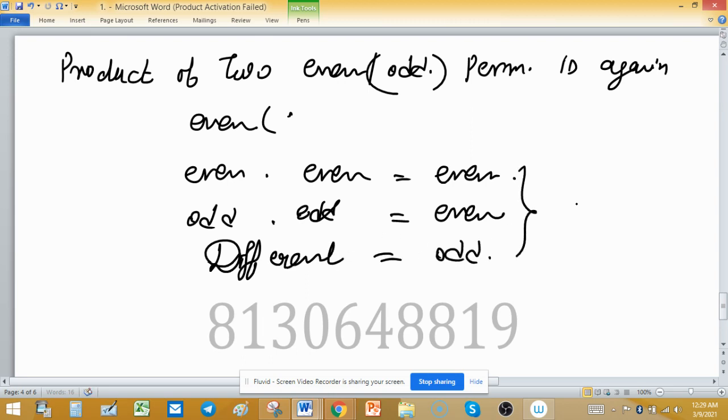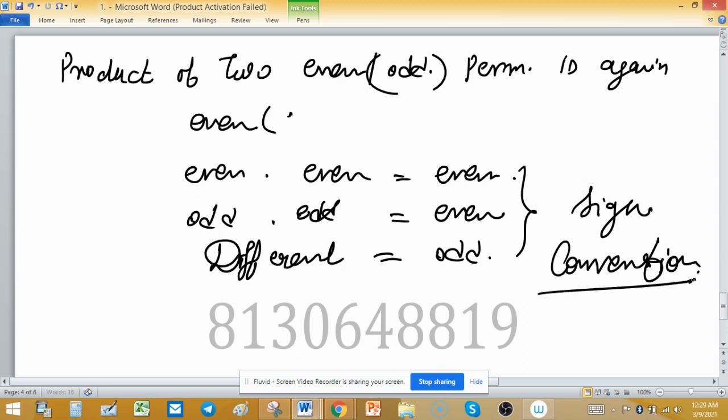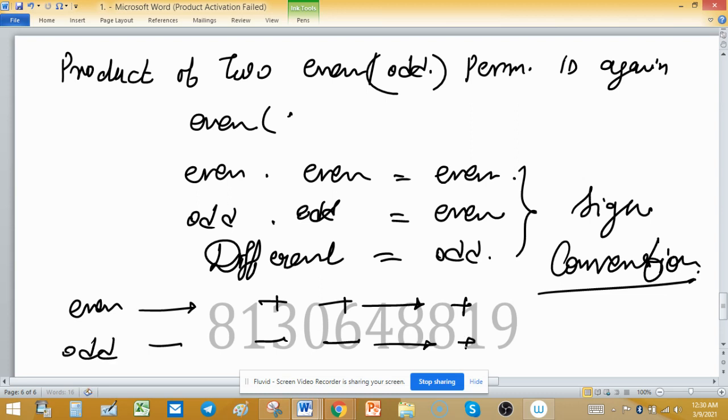This is the same as the sign convention we study in the real number system. Plus times plus is plus, if plus is denoted by even permutation. Negative times negative is positive, if negative is denoted by odd. If different, then negative means odd.